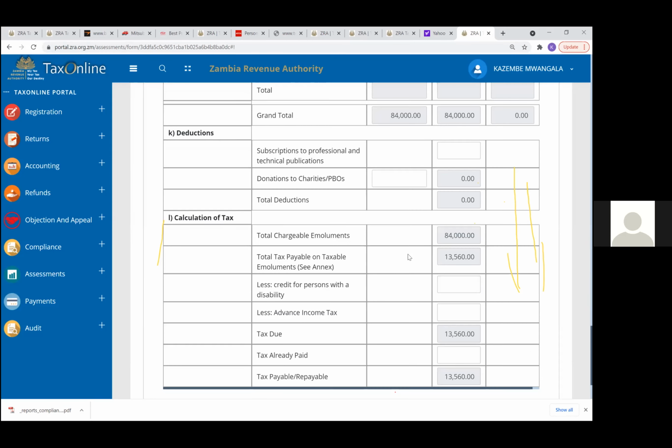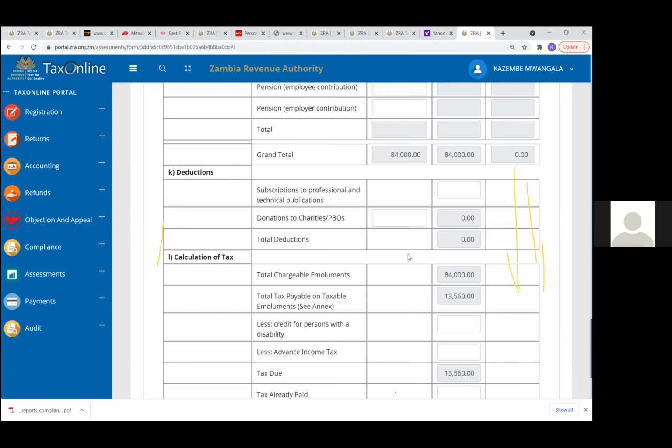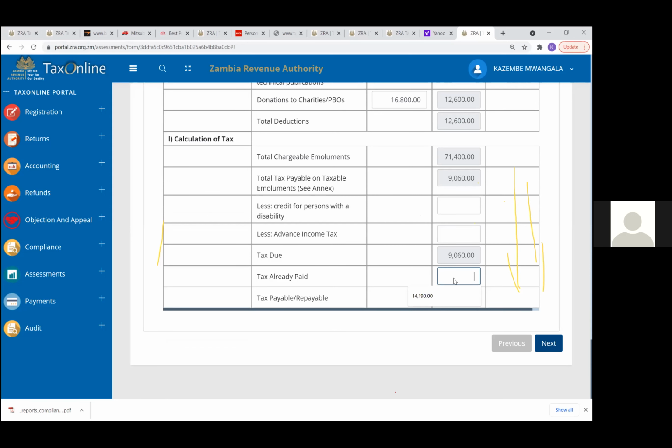In this case, let's put the 16,800 here as the tithe that you retained. So even if you reduce this to 12,600 here, if we say that tax already paid in this case is 13,560, you will see that the refund that is due to you is 4,500, not the 16,800 or the 12,600.